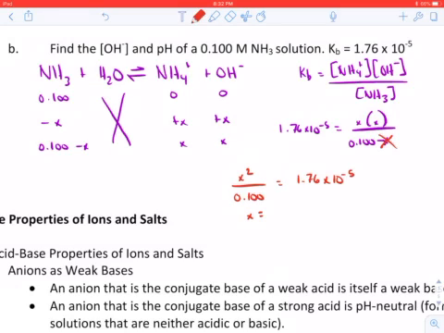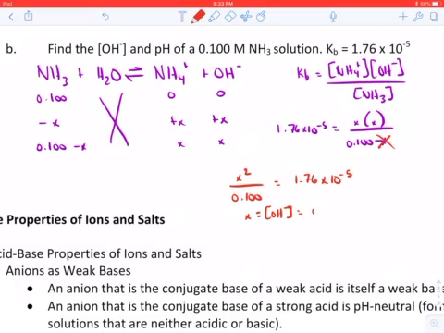And our X value is going to be equal to the hydroxide ion concentration, which is equal to 0.00133. And that's our hydroxide ion concentration, which is the first part.